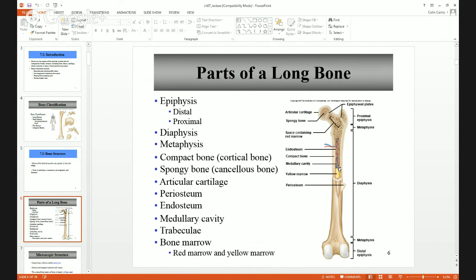Then there's a medullary cavity that contains the marrow and the blood vessels. There are trabeculae, which are needle-like projections in the cancellous or spongy bone. The bone marrow is either red or yellow, depending on location and the age of the bone.